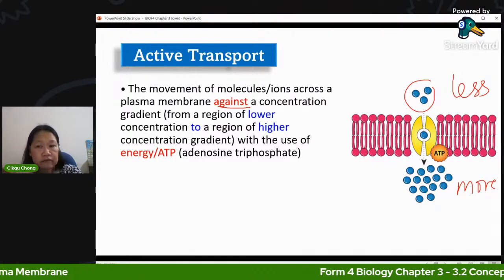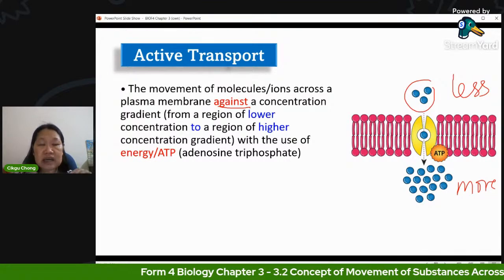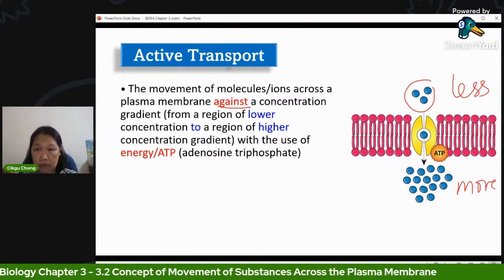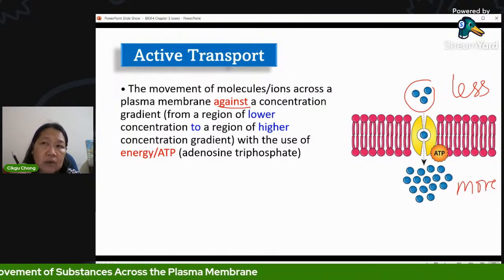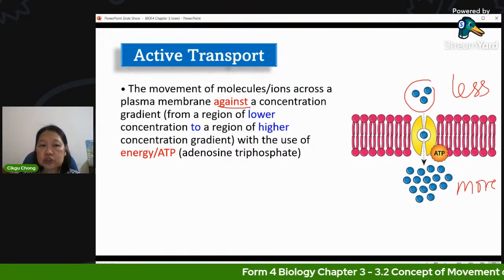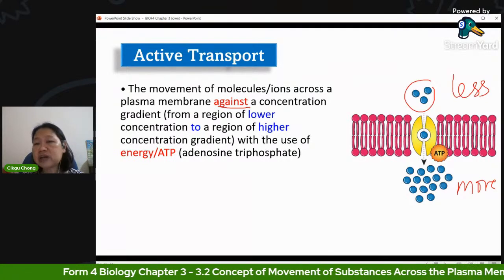By right, it should go from more to less, but this one, no, because the cell requires it. The cell wants this thing. Even though inside already has a lot, they still want to bring in some more. That means if you want to do it, you have to put in energy, then you will have to pull the thing inside. So from a region of lower concentration to a region of higher concentration with the use of energy.